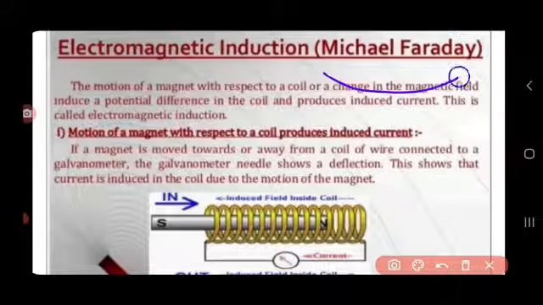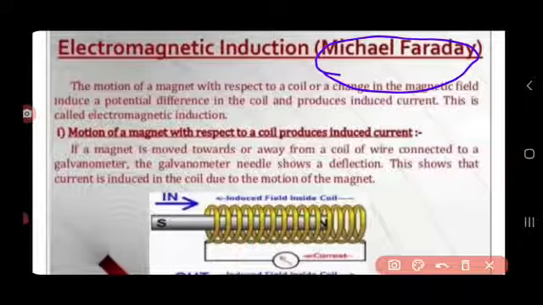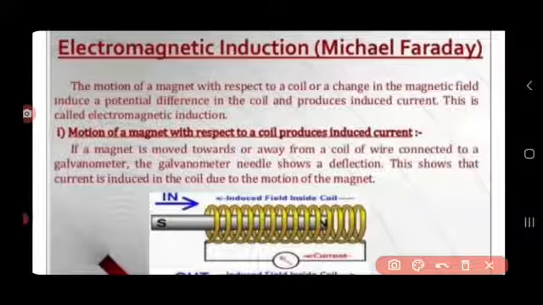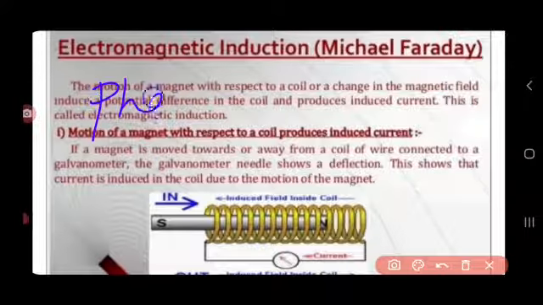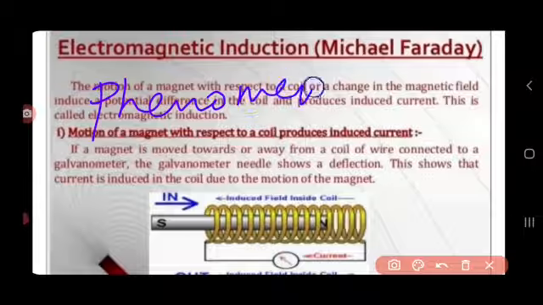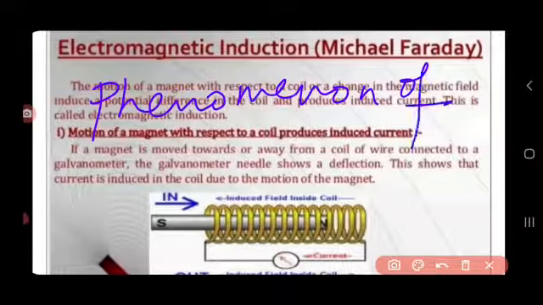So the phenomenon of producing current by changing magnetic flux is called electromagnetic induction, and the electric current produced by changing flux is called induced current.